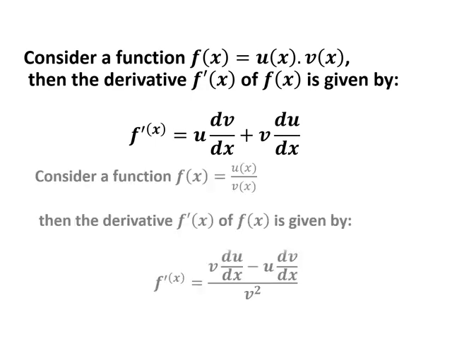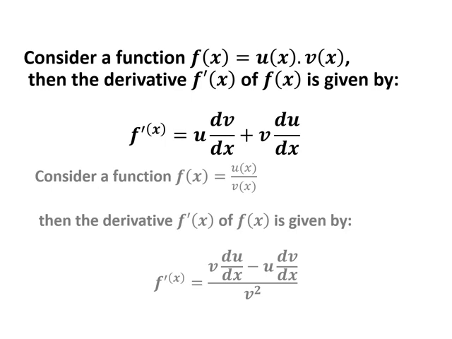The quotient rule looks at a quotient, that is a fraction, where u is the numerator and v is the denominator. That is, you will see a function in terms of x on the numerator, and another function in terms of x on the denominator.